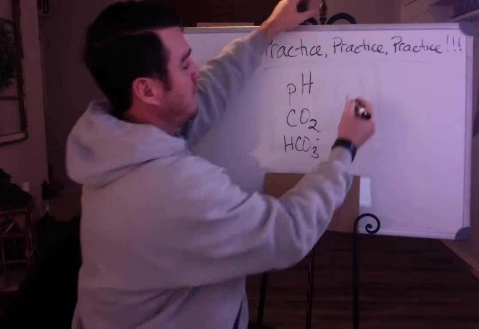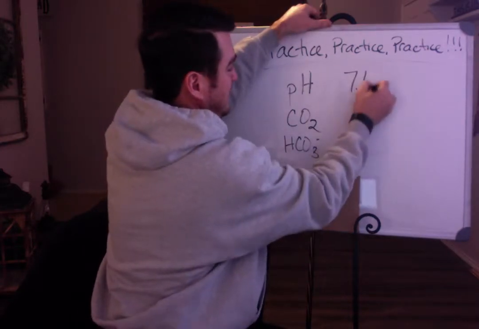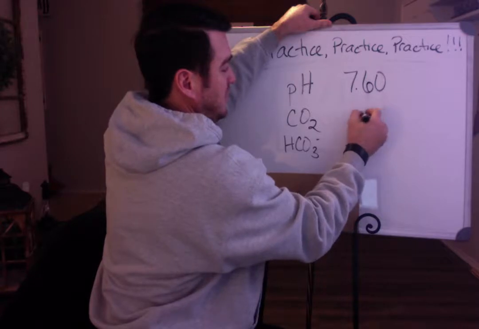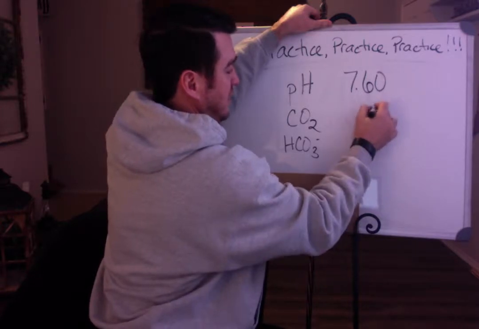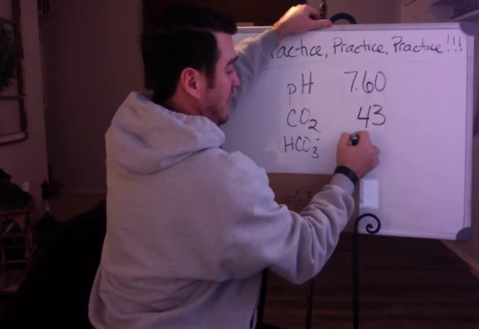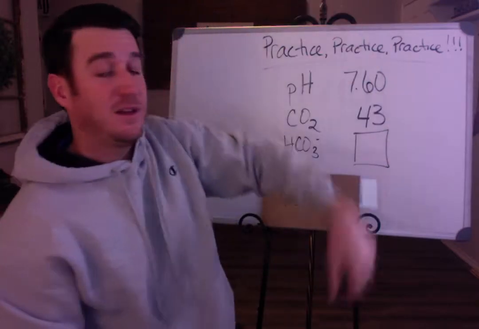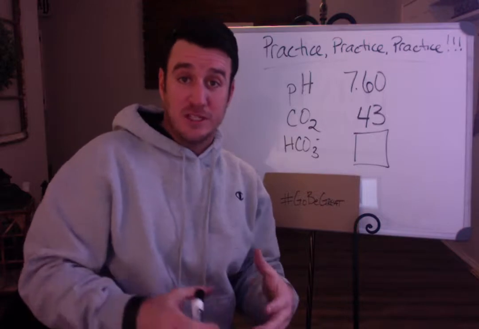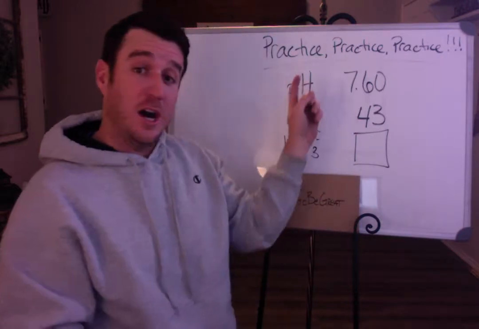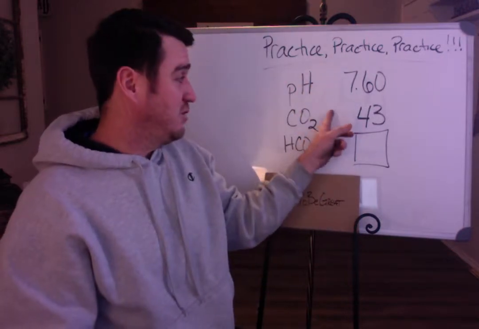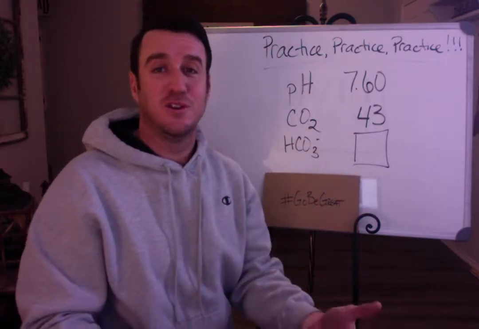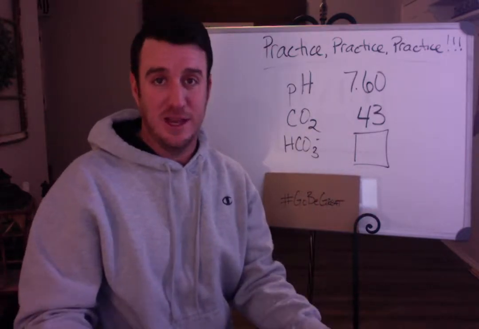Let's say you have a pH of 7.60 and your CO2 is 43 and that's all you have. Then how are you going to interpret this blood gas? Something's causing your pH to go up, and you know that your CO2 is in normal range, so you know that your bicarb is elevated, right?